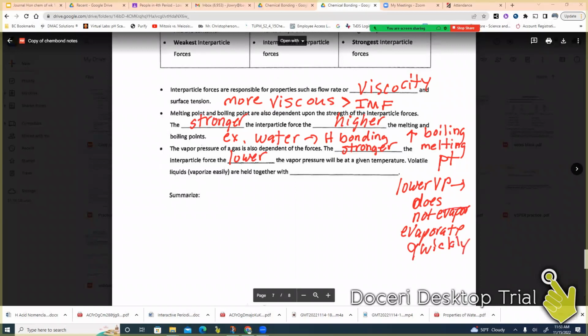So something like water would have a low vapor pressure, but something like gasoline would have a high vapor pressure. So volatile liquids are ones that vaporize easily, and these are held together by weak forces. The weaker forces are going to hold those together.